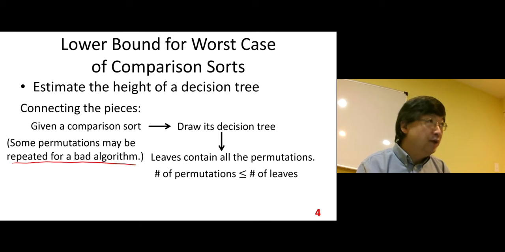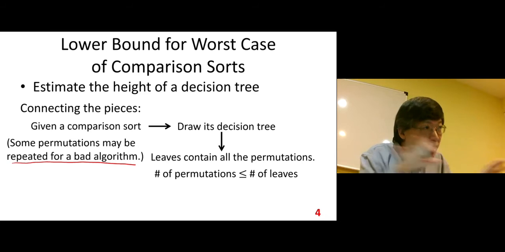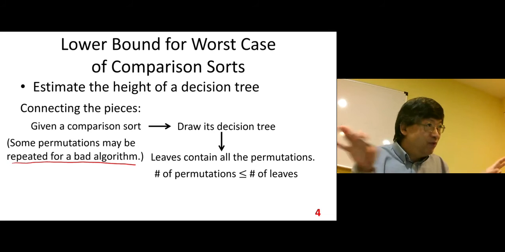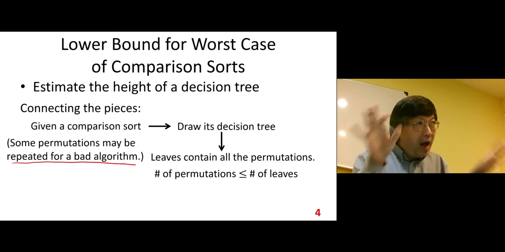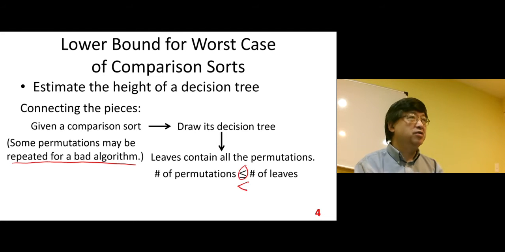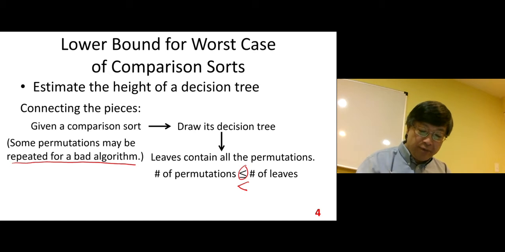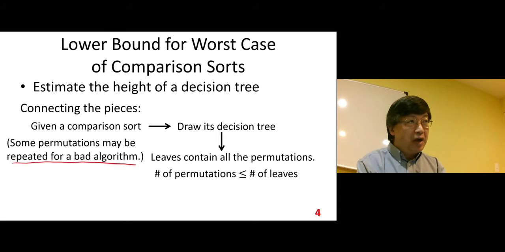In that situation, some of the permutations could be repeated more than once. When that happens, the number of leaves is strictly less than the number of permutations, because of that kind of redundancy. But we have this less than or equal, so that must be true.